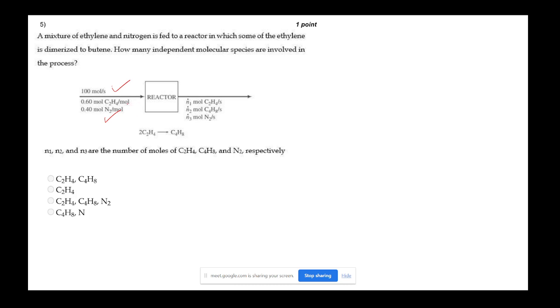But you are feeding C2H4 and N2 to get some moles of unreacted C2H4, then C4H8, which is the product, and N2. Since it is asked in terms of molecular species, C2H4, C4H8, and N2 are all involved.